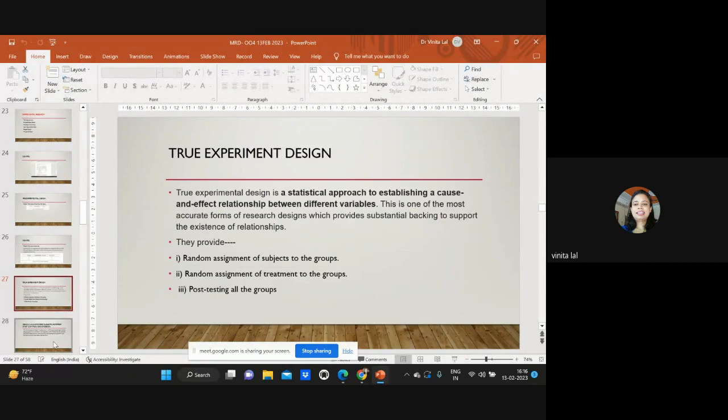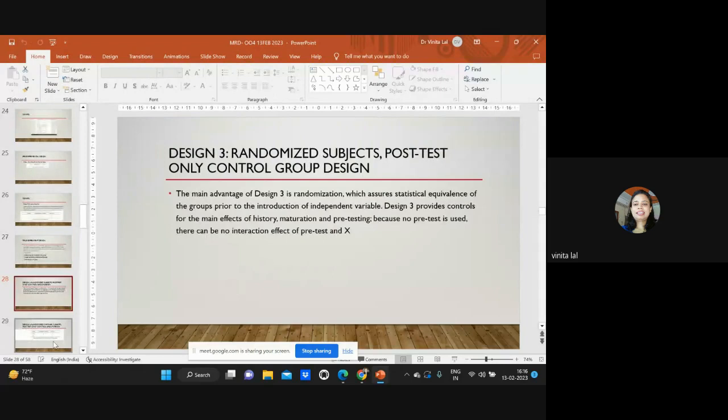Now come to the true experimental design. You can check the study material. Now come to the control design, randomized subject, post-test only.